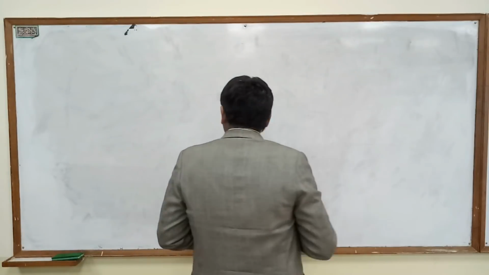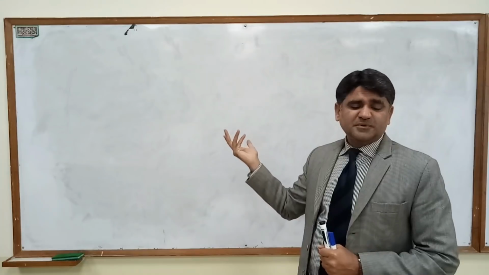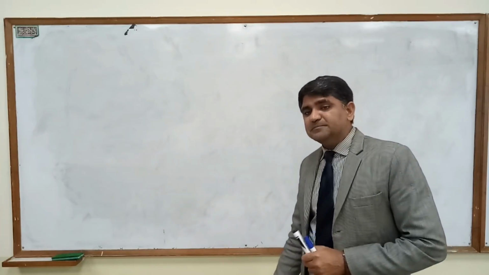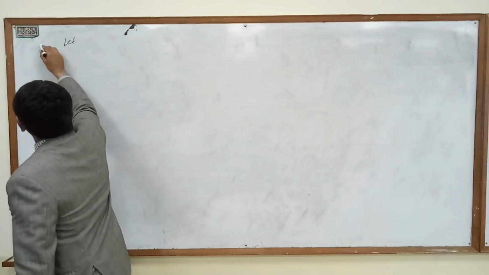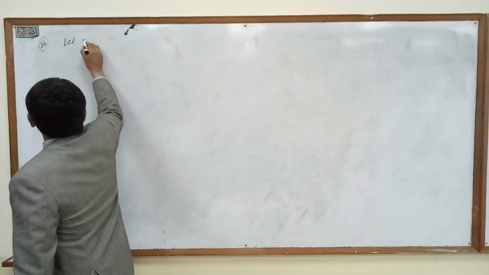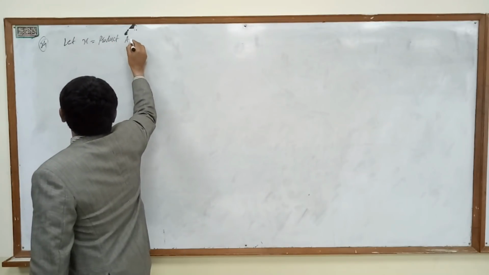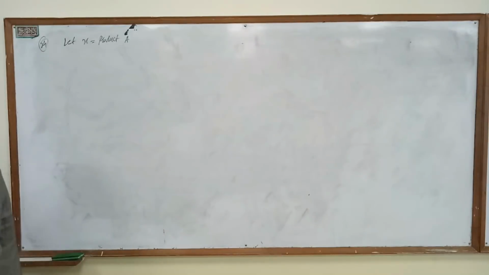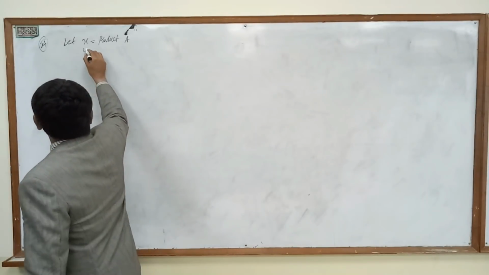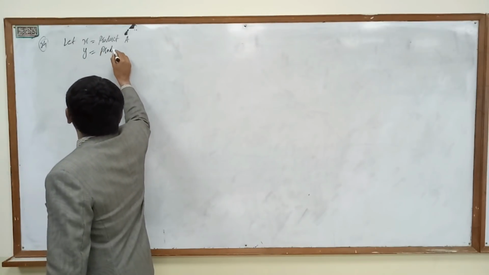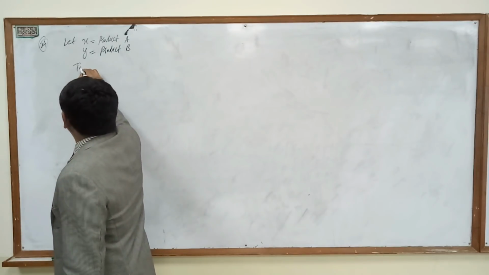Okay, part A. We are very clear. x is the number of product A. y is product B. Question number 24: let x be product A and y be product B. So, total labor hours are 150.